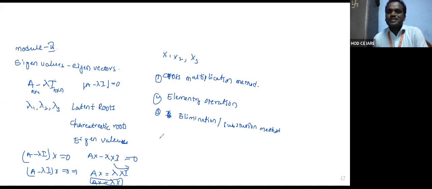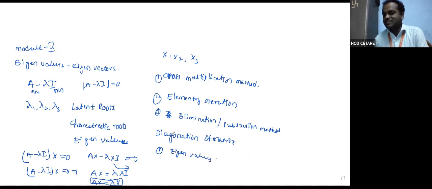And next you learn the diagonalization of matrices. Okay, you are already doing this one. In this, first you find the eigenvalues and eigenvectors of any given matrix, the corresponding eigenvalues and eigenvectors.